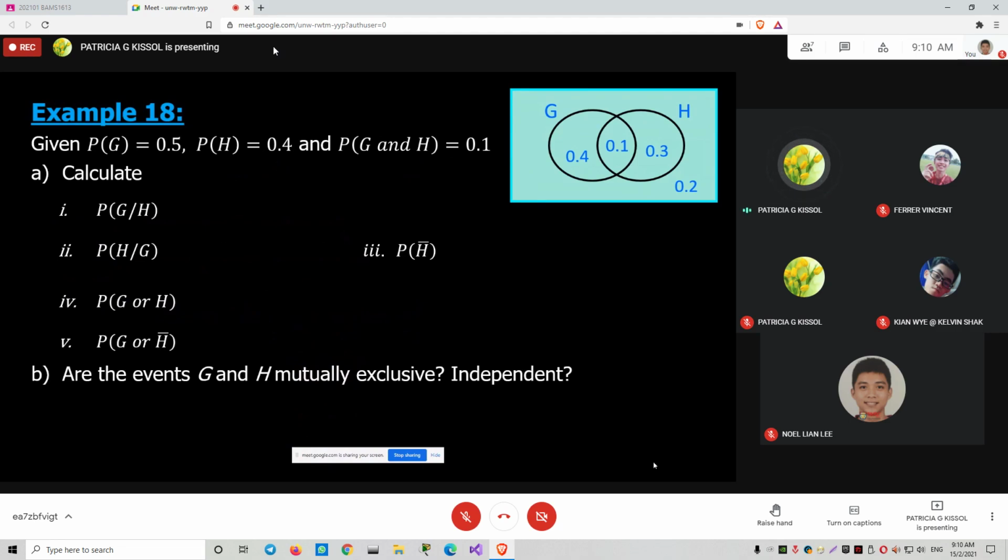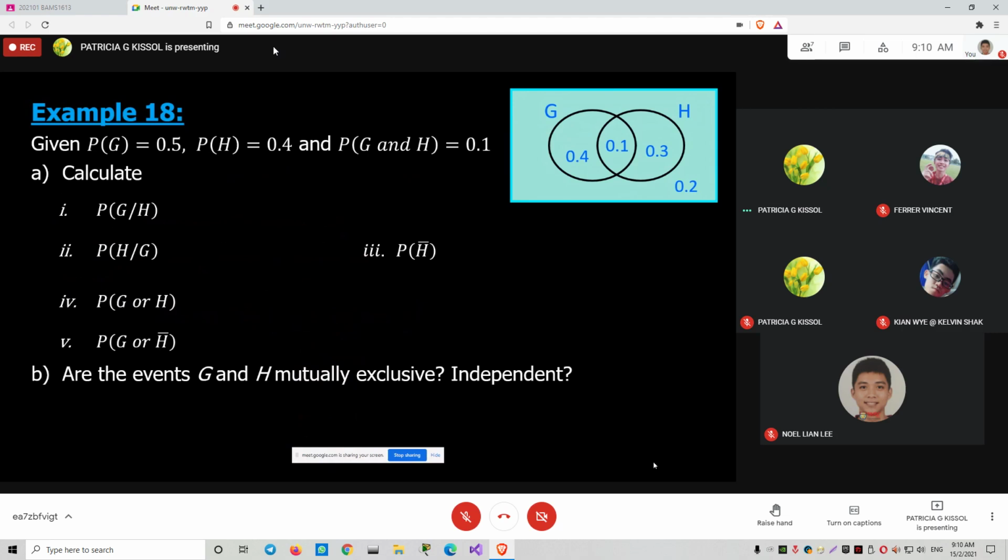Okay, good morning, everyone. This is week 5. Today is the 15th of February, 2021, and we are in our Google Meet class for the subject Probability and Statistics, BAMS 1613.